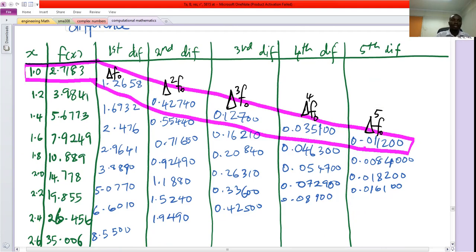When you are writing these values, ensure that you leave spaces, one line for consecutive values where the differences will be written. To get the differences, for example this one here, you simply take lower number minus upper number. So 3.9841 minus 2.7183 is what gives us 1.2658. And this is the trend that you take to get all the differences, lower number minus upper number.